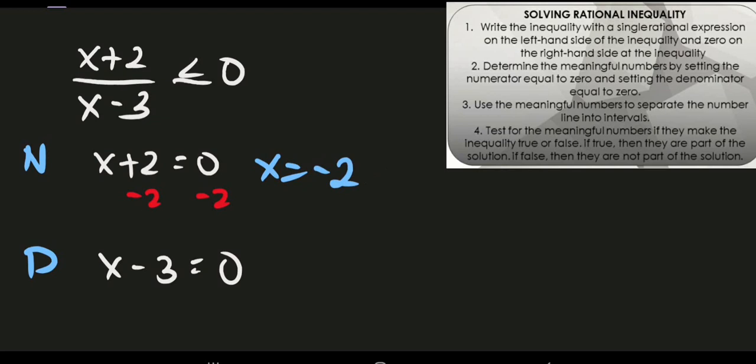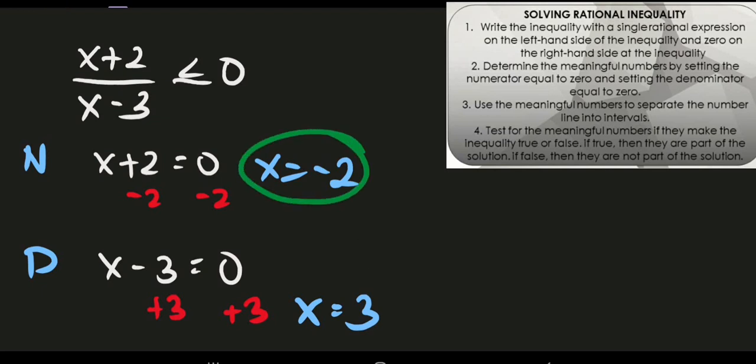Next, for the denominator, since we're looking for the value of x, we need to add 3 to both sides, or that is what we call the APE. And the value is positive 3. Okay, so we have this meaningful number from the numerator, which is negative 2, and one for the denominator, which is positive 3.